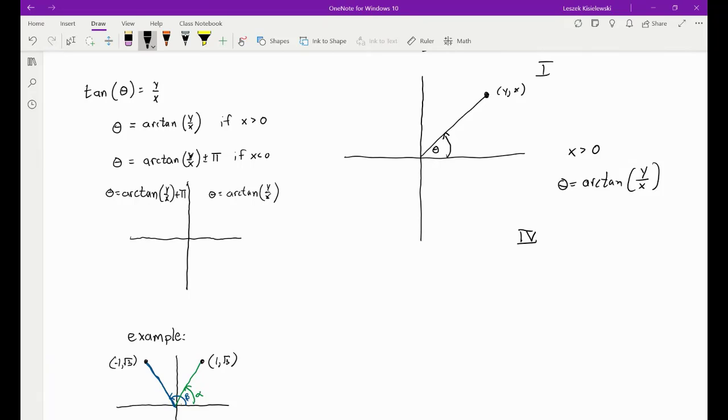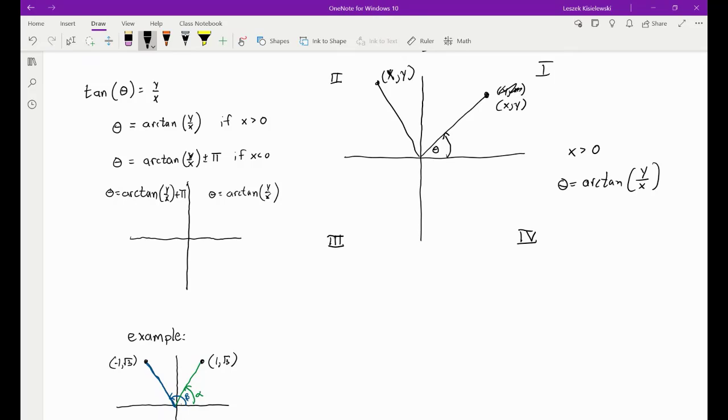However, if you're in the second or third quadrant, I guess the x coordinate comes first in the ordered pair.